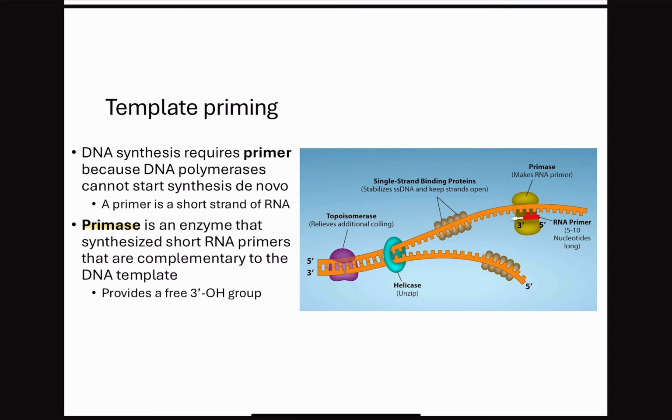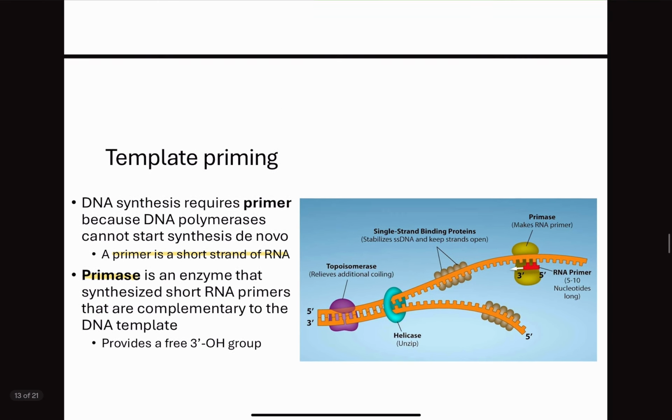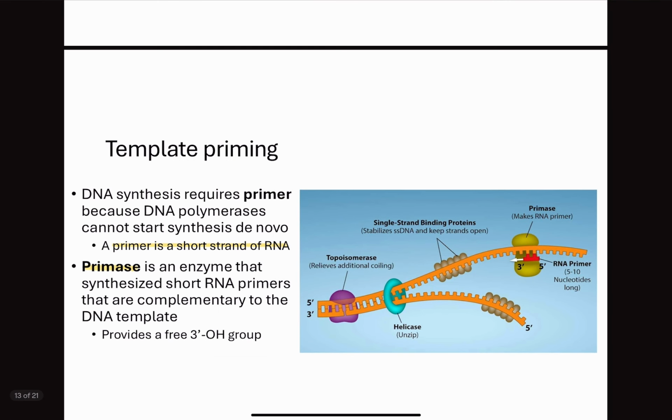Primase is an enzyme that creates a short RNA primer, and a primer is a short strand of RNA, just a few bases long. This primer gives DNA polymerase something to hold onto. And this matters because DNA polymerase cannot work alone. Primase is going to set the stage so that building can begin.